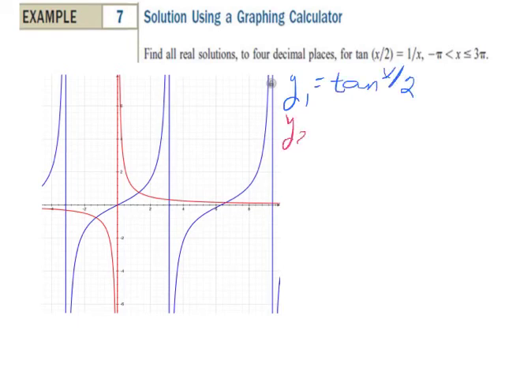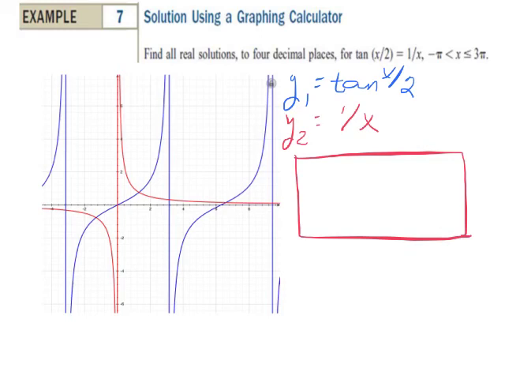For y2, I put in 1 over x, and then in your window, you have to add in your parameters right here, which is going to be your x's. So your x min would be negative pi, just negative pi, and then your x max will be 3 pi, and for the scale, I like to stick with pi over 2.